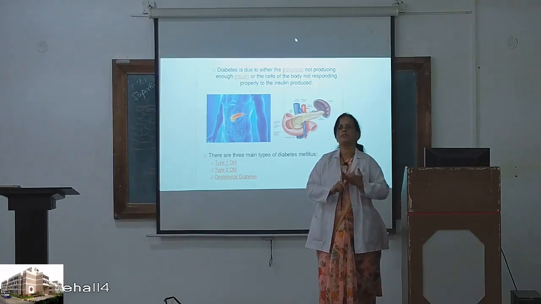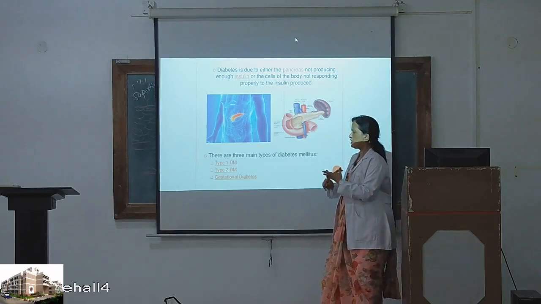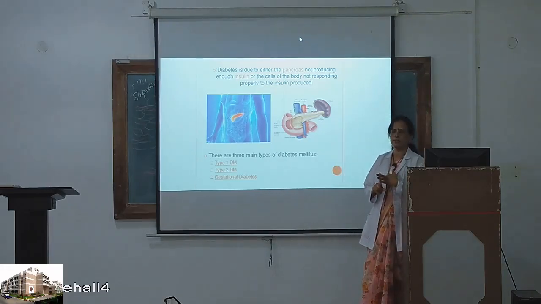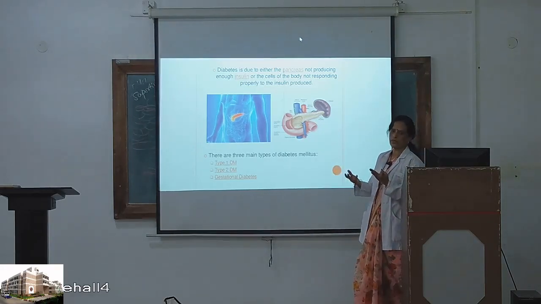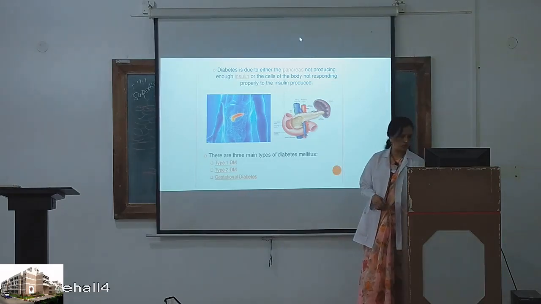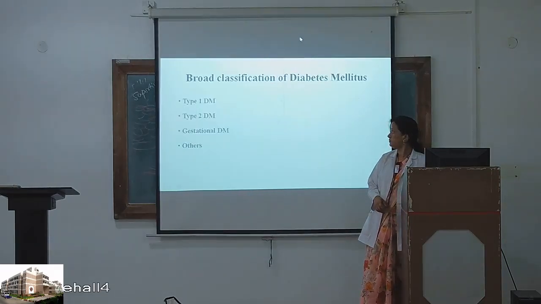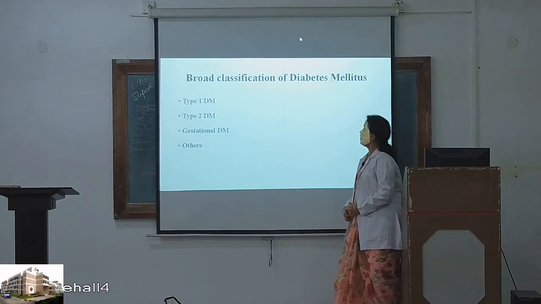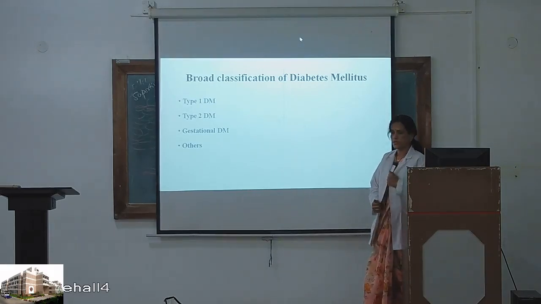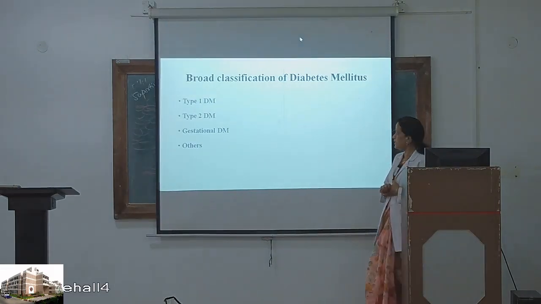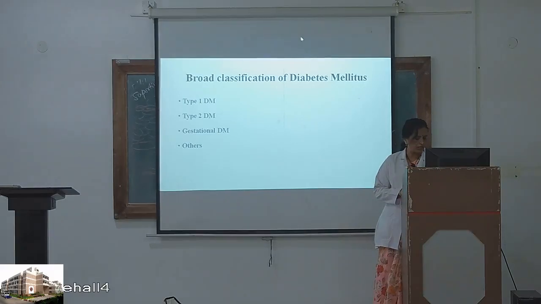So type 2 diabetes mellitus and gestational diabetes mellitus, and you can say others also. Gestational is related to or associated with pregnancy. So the broad classification is type 1 diabetes mellitus, type 2 diabetes mellitus, and gestational diabetes mellitus and others.